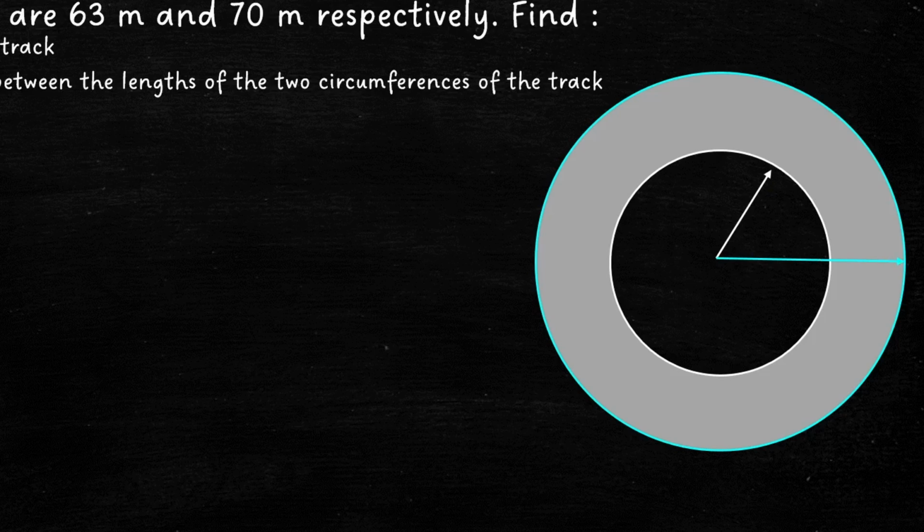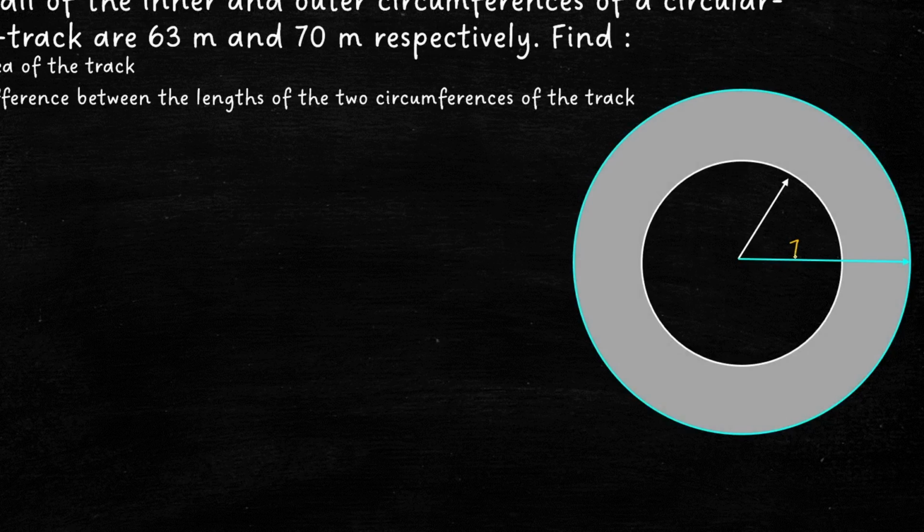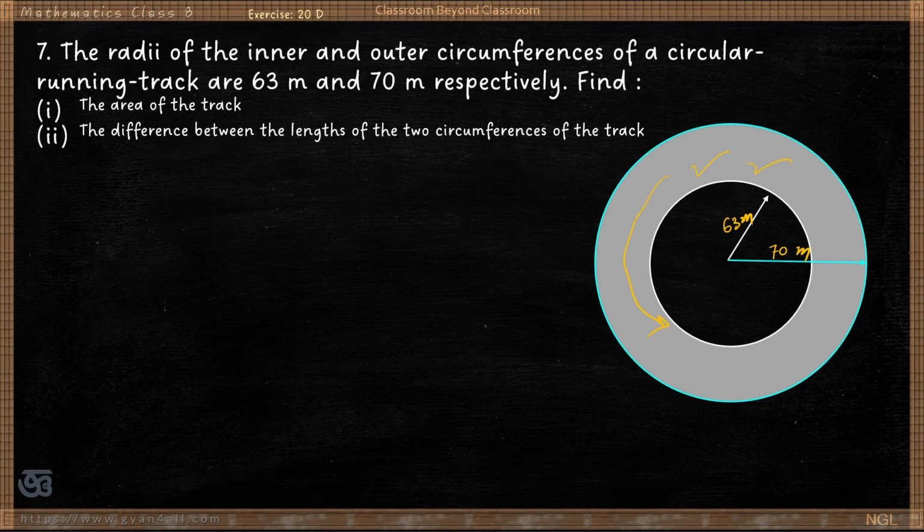One is outer radius and another is the inner radius, and the radius is 70 meter and 63 meter, and this is the running track. So we have to find the area of the track. So first you find the area of the circle with radius 70 meter. So A1, area of circle 1 is equal to pi r1 square, where r1 is equal to 70 meter and r2 is equal to 63 meter.